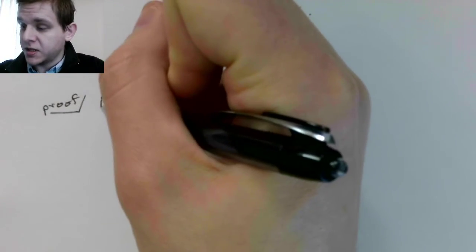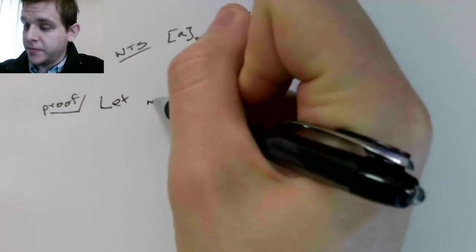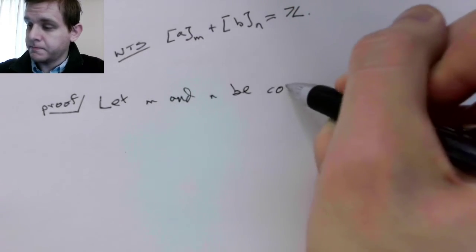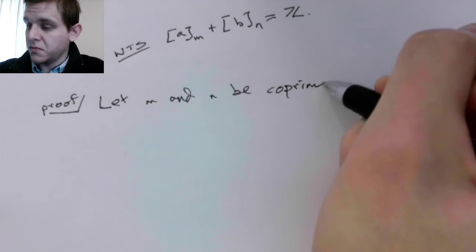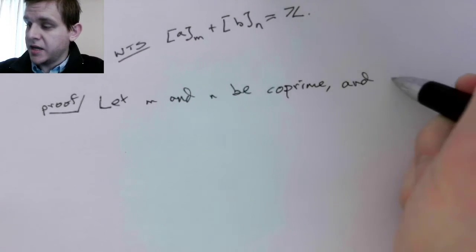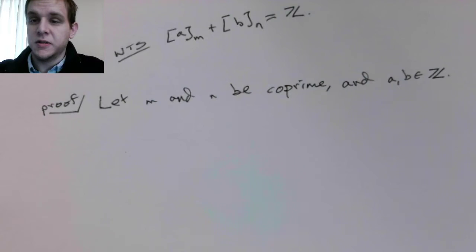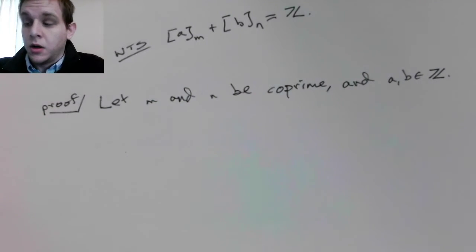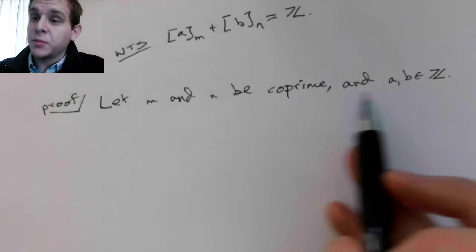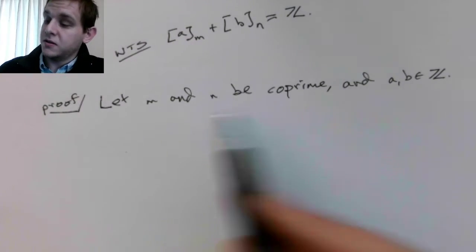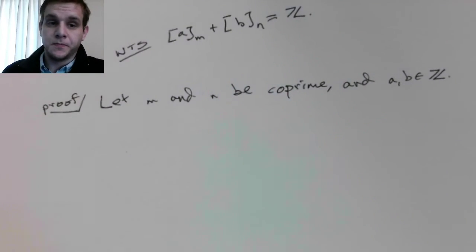So the first thing we'll do is say let m and n be coprime, and a and b be integers. Okay, so once I write the sentence, these variables are fixed for the rest of the proof. I can't change them. They're determined.